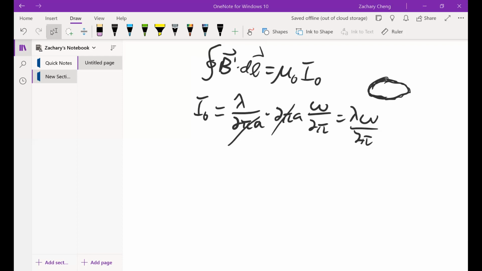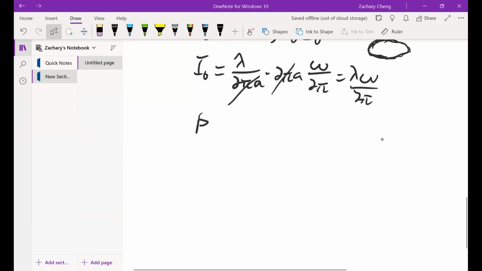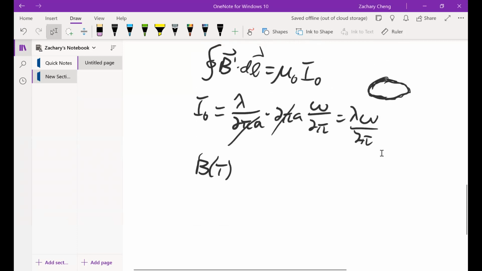We get that mu 0 I0 is lambda omega mu 0 over 2 pi.